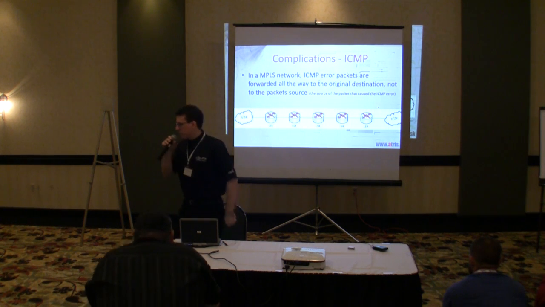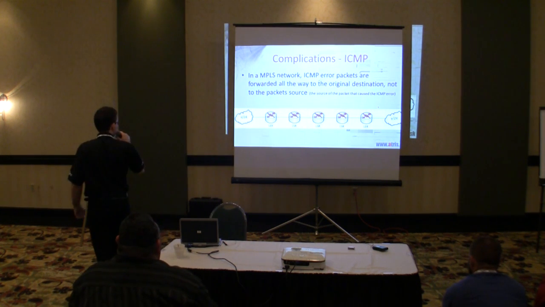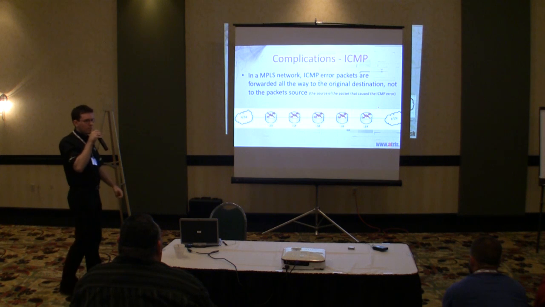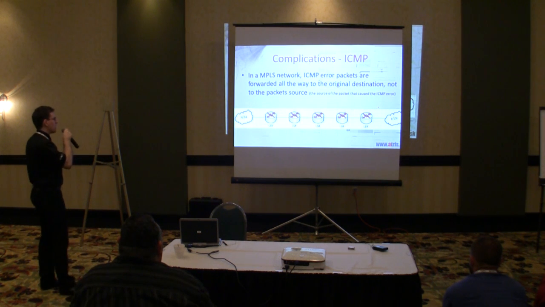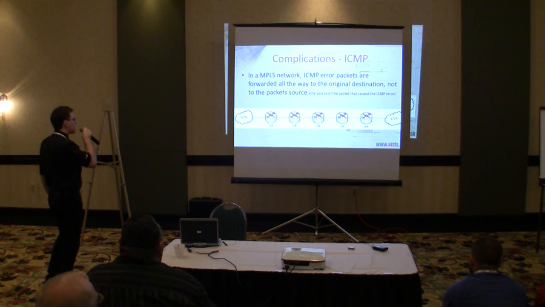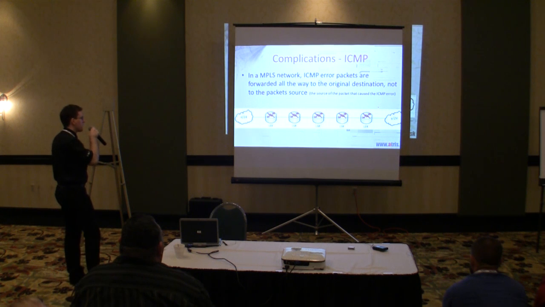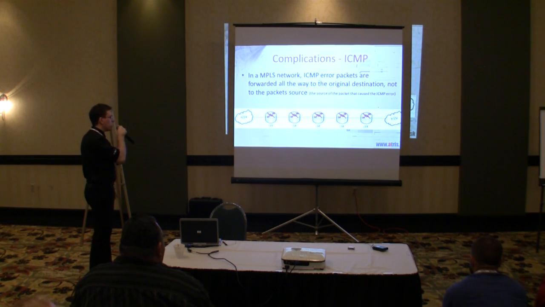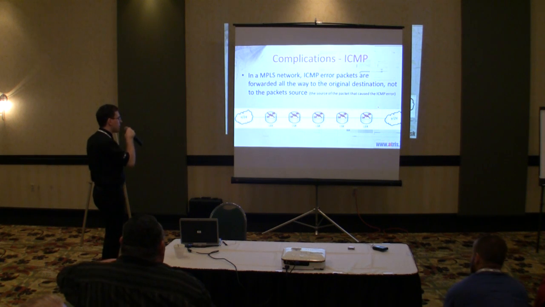So there are some complications, and some major complications in MPLS with ICMP. In an MPLS network, an ICMP error packet is forwarded all the way to the destination, not to the packet's source.